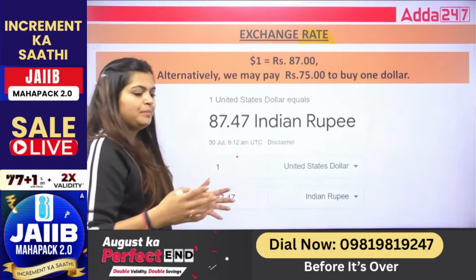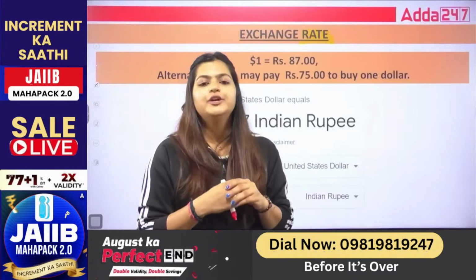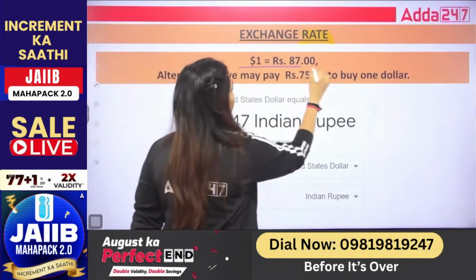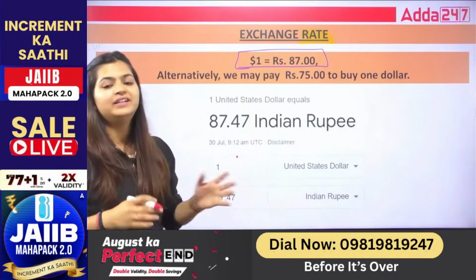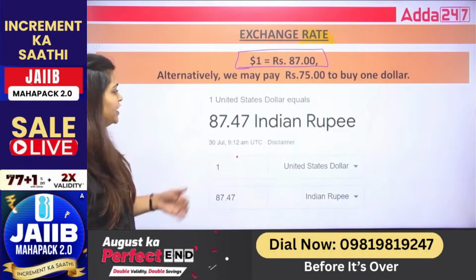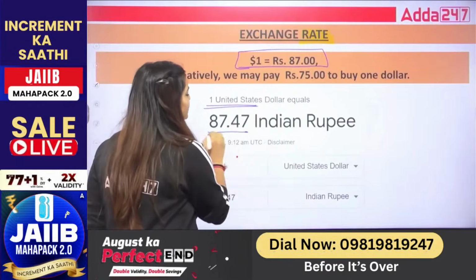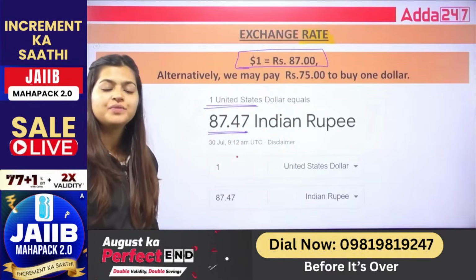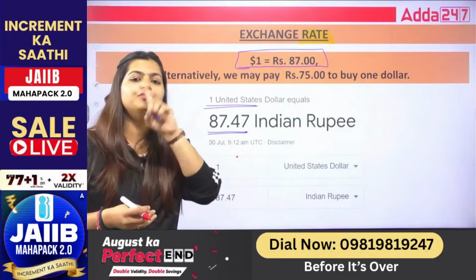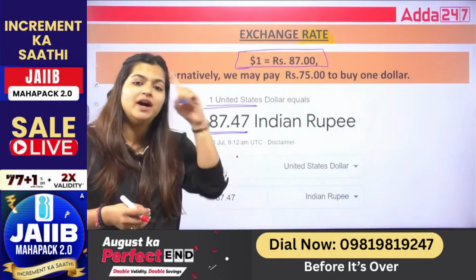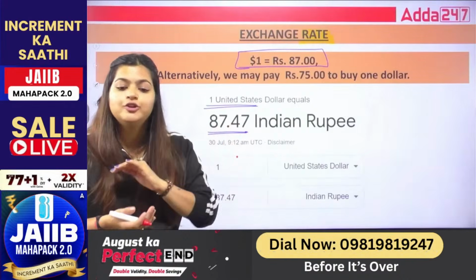While reading a newspaper or watching any news channel, you might have seen a statement like $1 equals 87 rupees. Or if you see today's rate, one United States dollar equals 87.47 Indian rupees. Now what does this mean? It means if I want to purchase $1, I need to pay 87.47 Indian rupees.